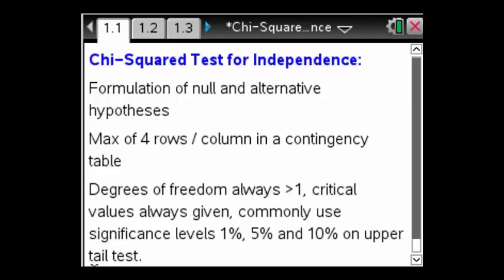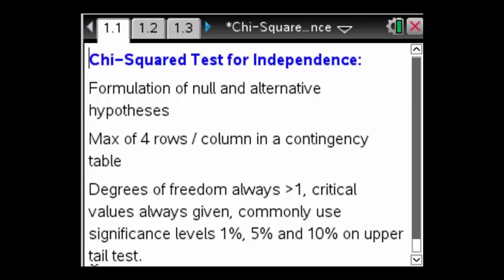Usually we start off with a null hypothesis, which states that variable A has no effect on the level of variable B. In other words, variable A and variable B are independent. Then you've got the alternative hypothesis, which is usually stated as variable A and variable B are not independent, or in other words, dependent.